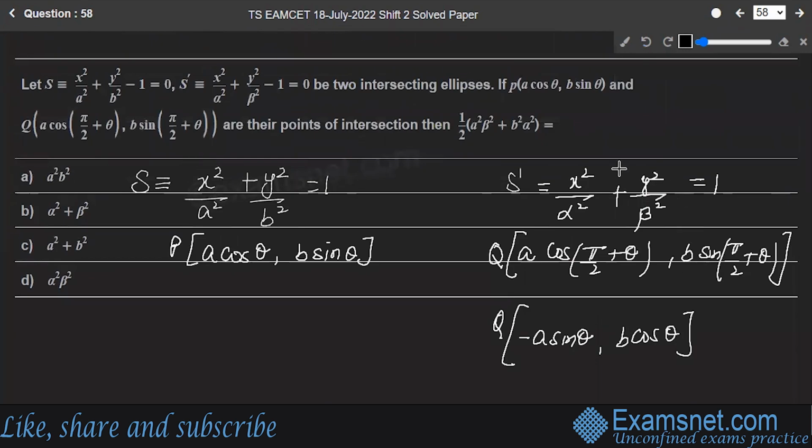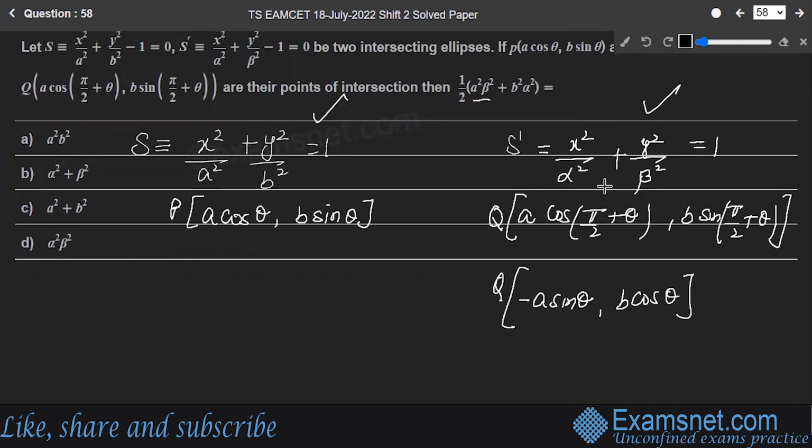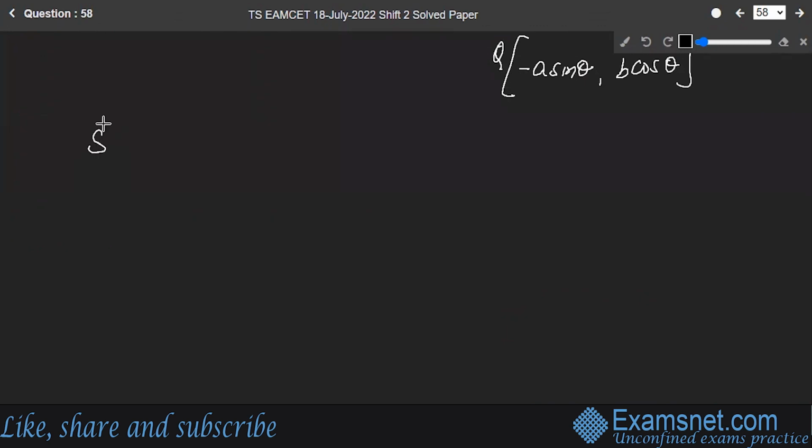Now, they are the intersecting points. That means they will satisfy both the curves. I'll pick up only S dash right now because I'm concerned with alpha square and beta square. So if P is the point lying on S dash, then S dash will be satisfied. S dash was x square upon alpha square plus y square upon beta square is equal to 1.